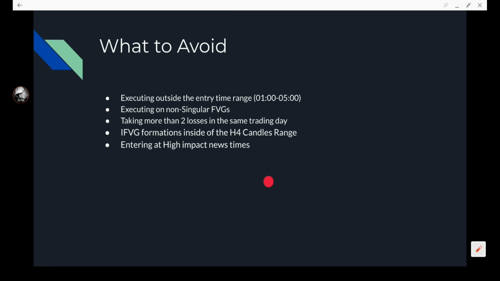Though with this strategy, since we are trading 1 a.m. to 5 a.m., you usually do not get opportunities to trade high impact news, since trades are usually executed and take profits are hit within 1 a.m. and 5 a.m.'s trading range. So basically most TPs occur in the London session. So you execute in the London session and you're done for the day. That's why I recommend this strategy to most of you. It is a very powerful strategy when it comes to that.